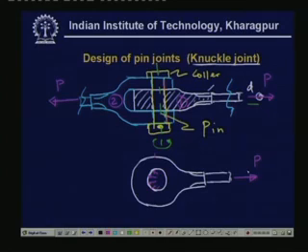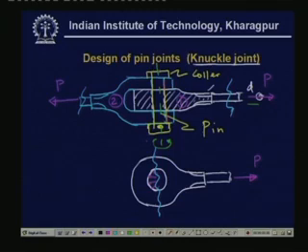Those are the critical sections, and we will have to design the dimensions so that the critical section does not fail. Obviously the material may also fail in tear, so it may happen that it fails by breaking from here. So we have to now design these diameters, etc.